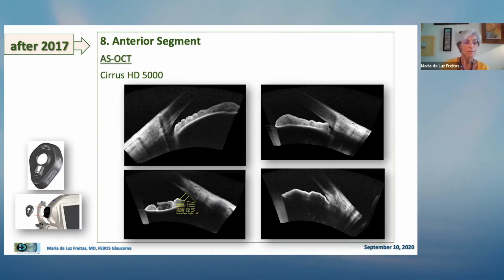In fact, it has become very useful in assessing the type of the iris, its relationship with the cornea and the anterior face of the lens, being precious in the evaluation of surgical techniques and strategies.